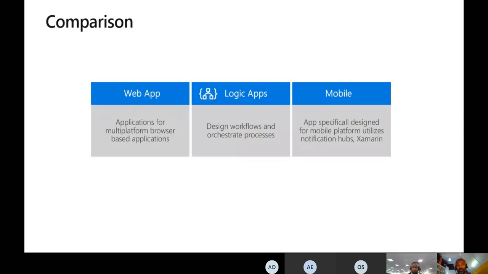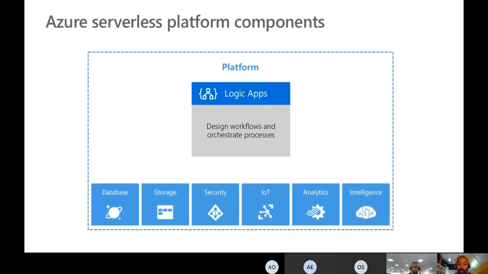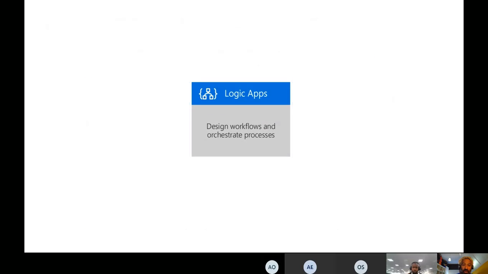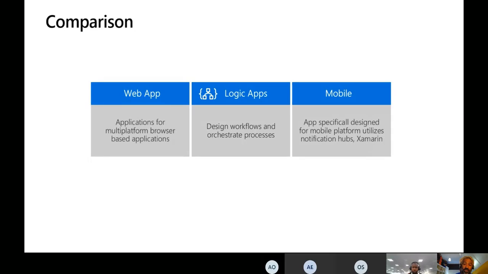Now I just want to talk about a comparison. You get different kinds of applications. App service basically allows you to run a web application, which is pretty much the most frequently used, a multi-platform browser-based application, and then Logic Apps is more workflows and a designer to orchestrate processes.